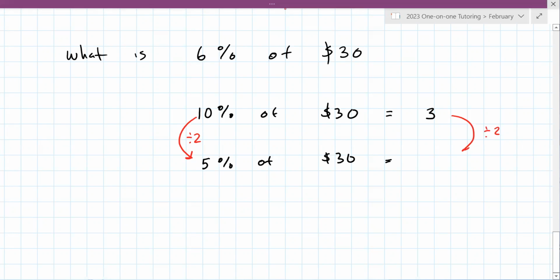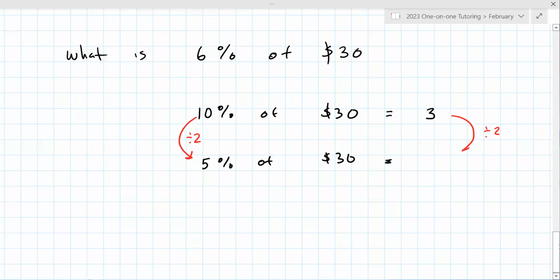Can you tell me what 3 divided by 2 is? 0.15, I guess.